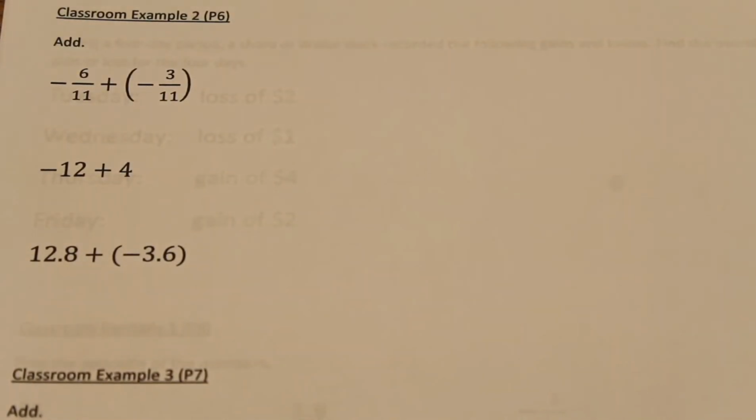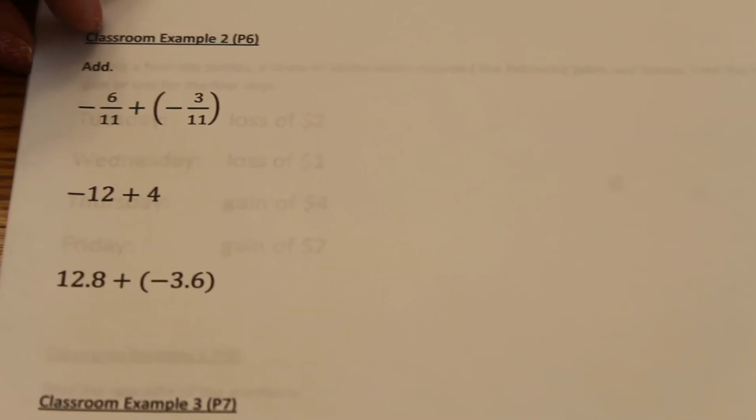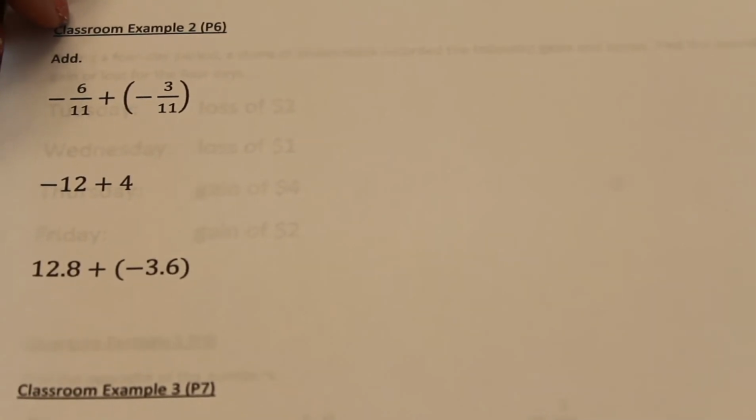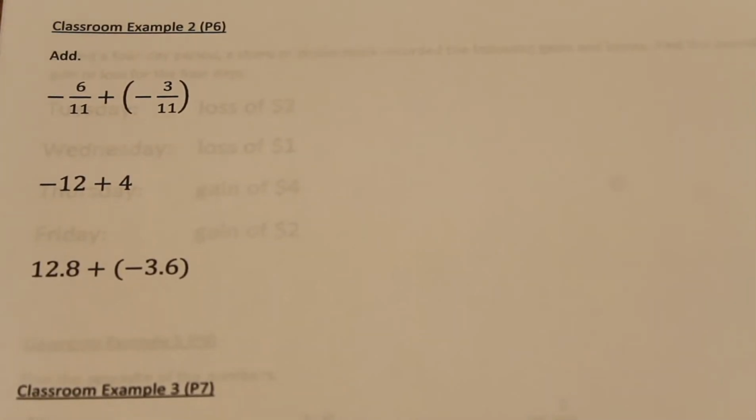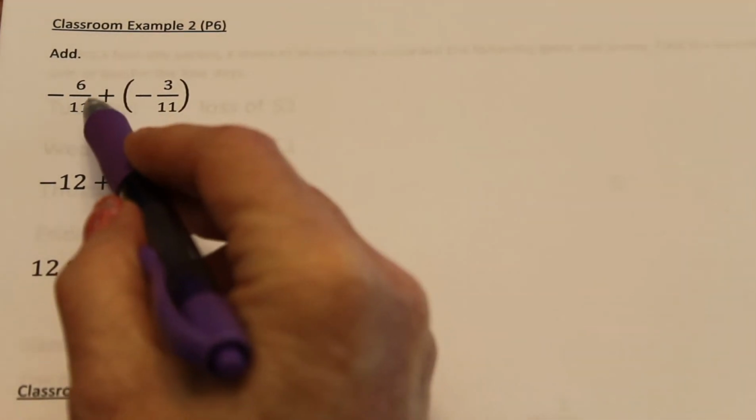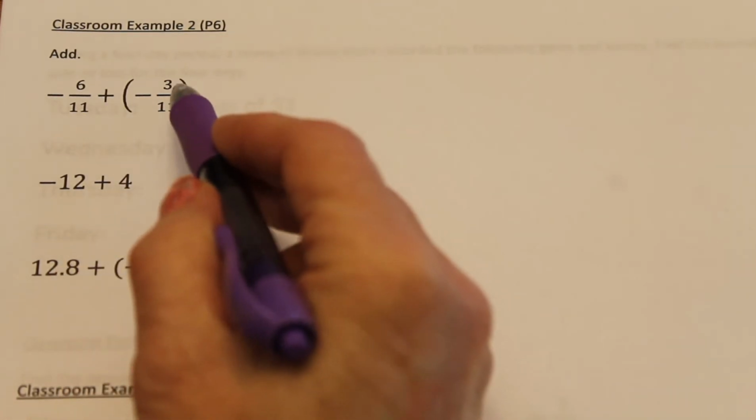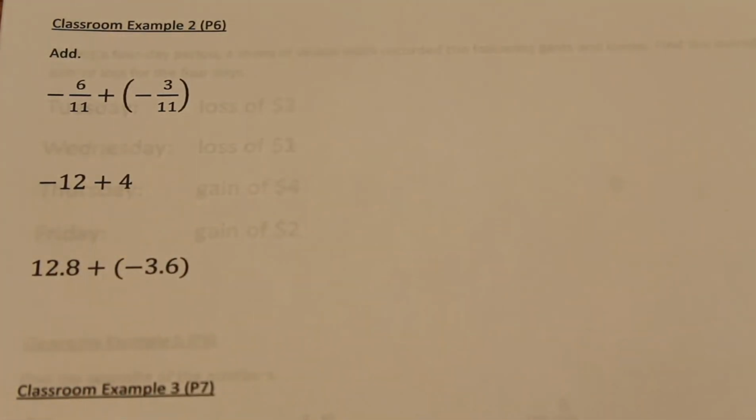Okay, moving on. Now, if we're going to add fractions, you can only add fractions if they have the same denominator, and luckily these do. So here I have -6/11, and here I have -3/11. They have the same denominator, so I can add them. They are the same sign.